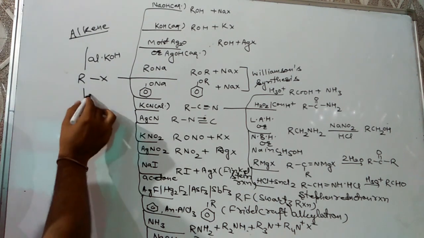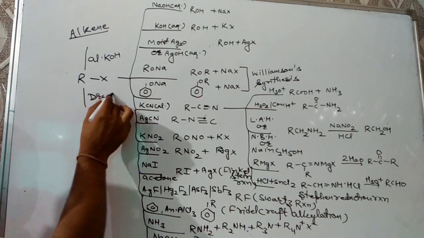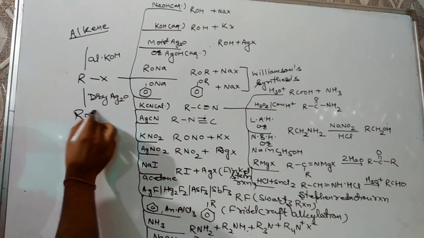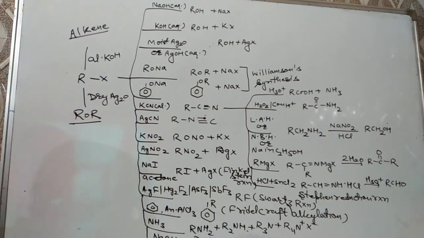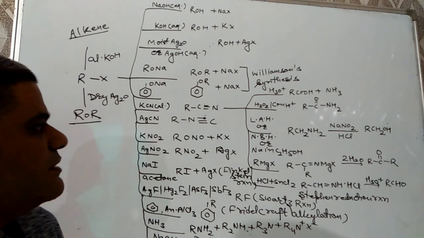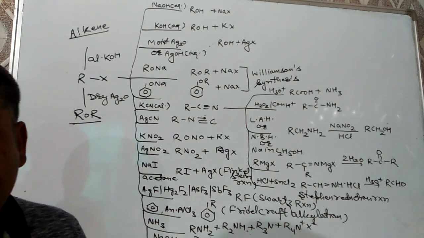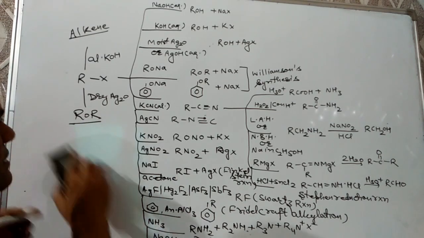And if dry silver oxide is added to it, then the product formed will be ether. Now, I am going to discuss these reactions one by one. These are very important for organic conversions.